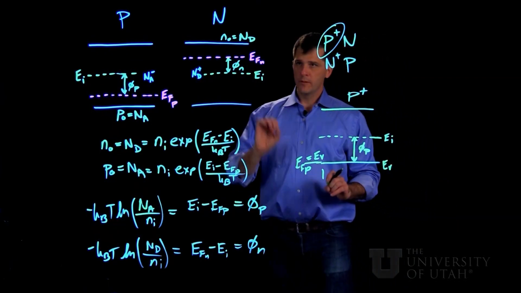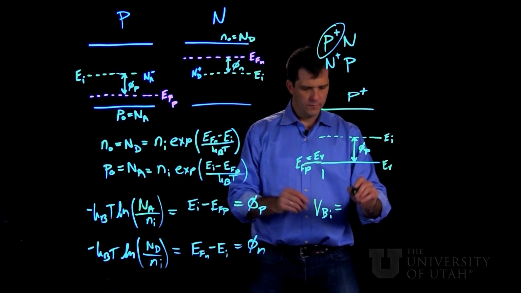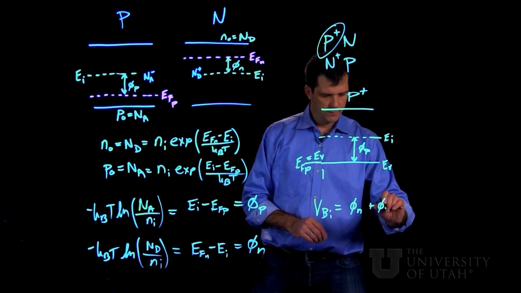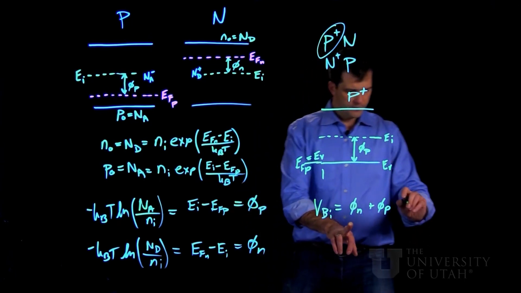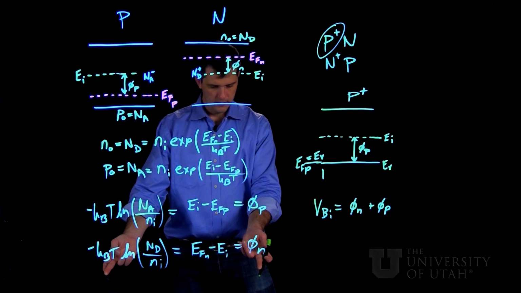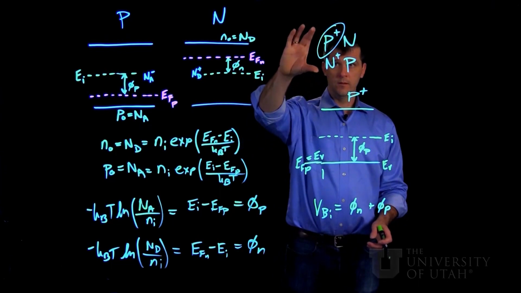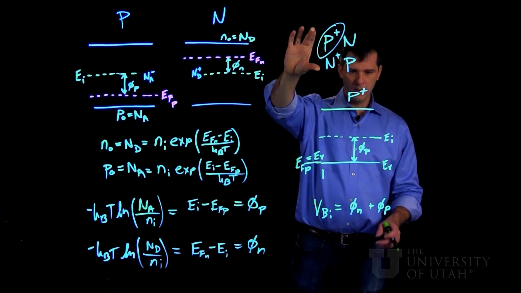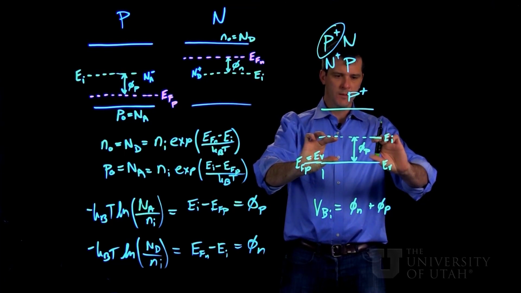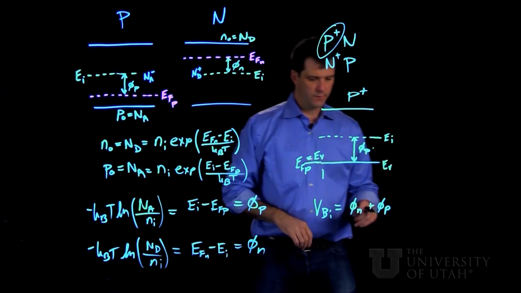So when we go to express the built-in voltage, I want to introduce the idea that what we're doing is adding the built-in voltages from the two sides. And we use these expressions here if the doping is non-degenerate. However, if we have P plus doping or N plus doping, we'll just assume that the Fermi level on that side is exactly at the band edge, and we'll set this equal to the band edge minus the position of the intrinsic Fermi level.